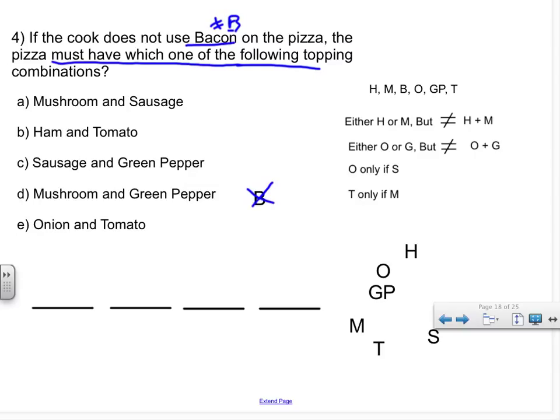So I respect the condition of not using bacon on the pizza. And for the first one, A, mushroom and sausage, I'm going to put mushroom and sausage up by B. And I'm going to see what I have left. I have H, O, G, P, and T.